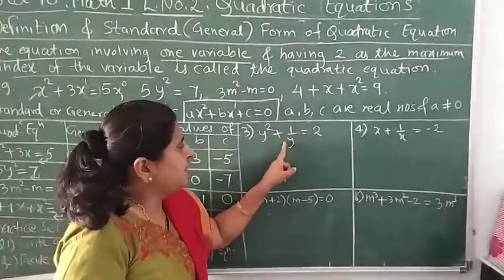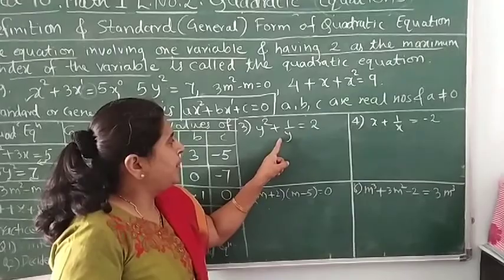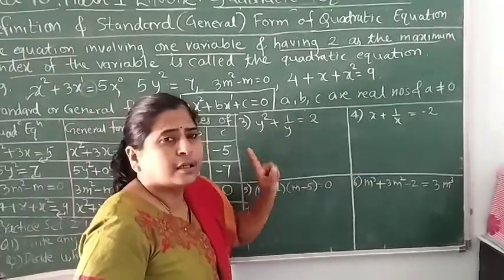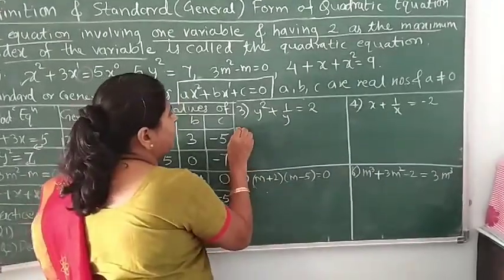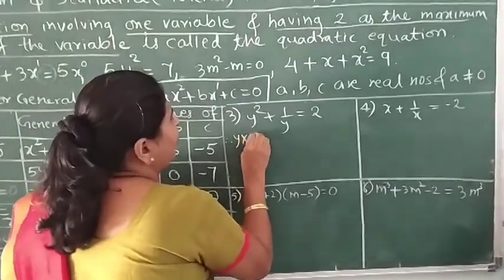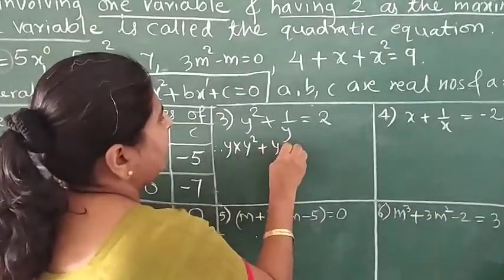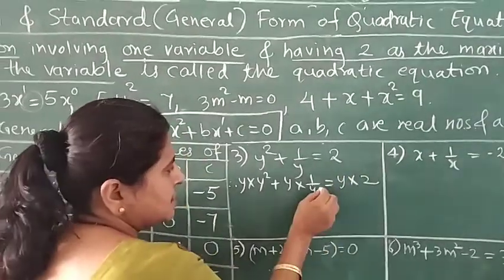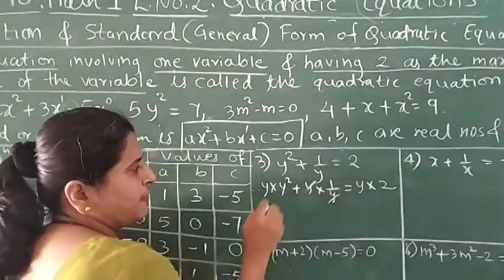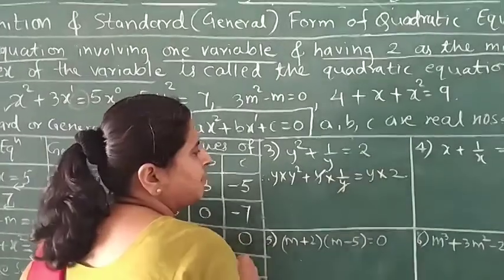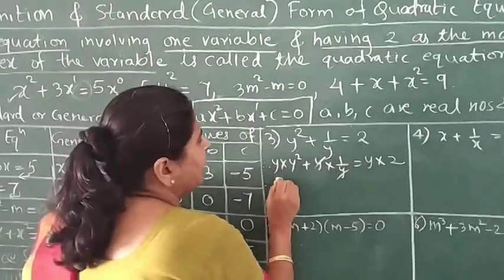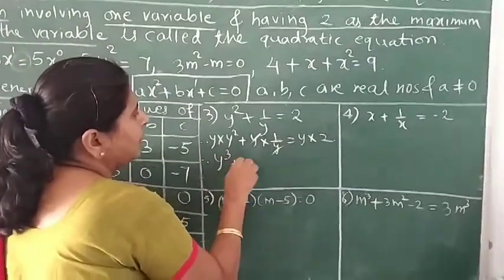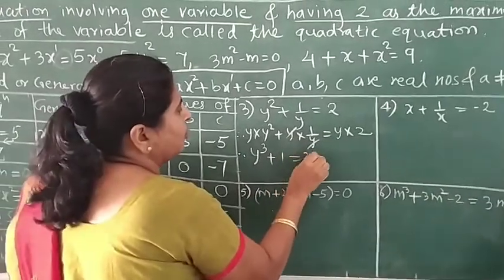So to remove this variable y from the denominator, we multiply each term by y. So y into y square plus y into 1 upon y is equal to y into 2. Just to cancel this y from the denominator, we have multiplied each term by y, and then we get y cube plus 1 is equal to 2y.